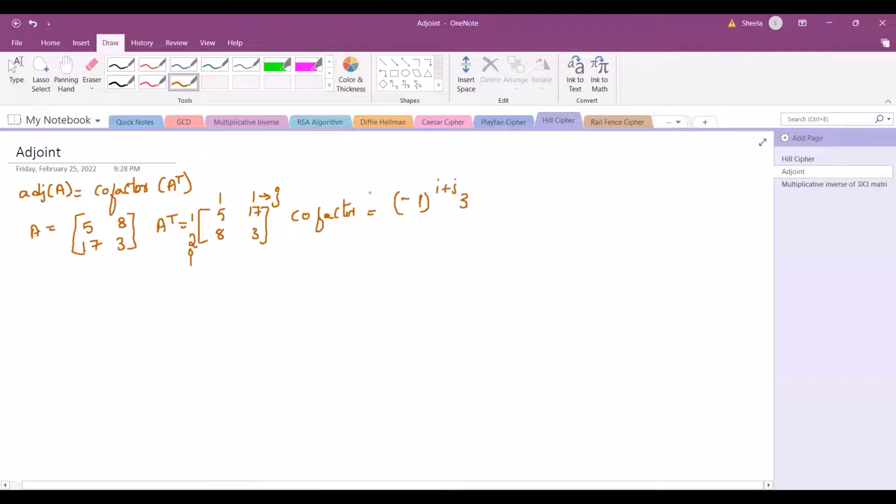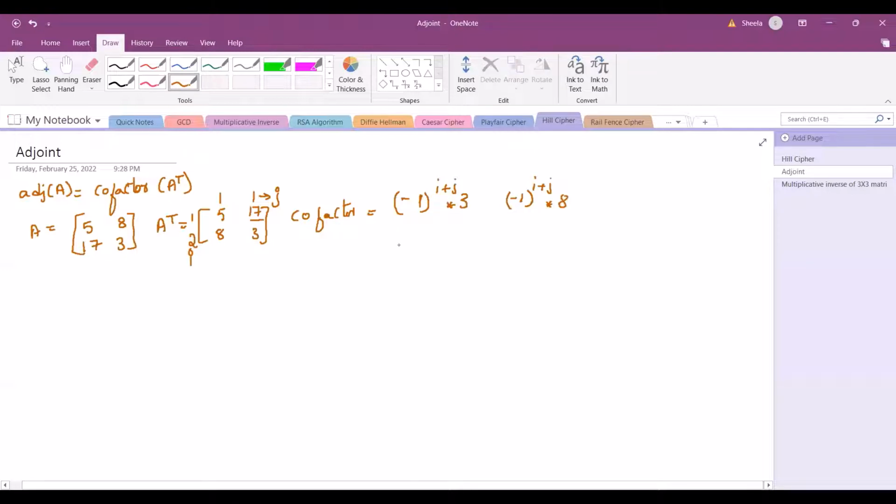Next, the cofactor of 17 is again minus 1 to the power of i plus j. I skip the corresponding row and column, and the only element left is 8, so I take 8.